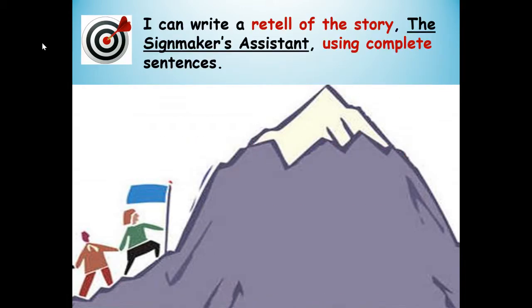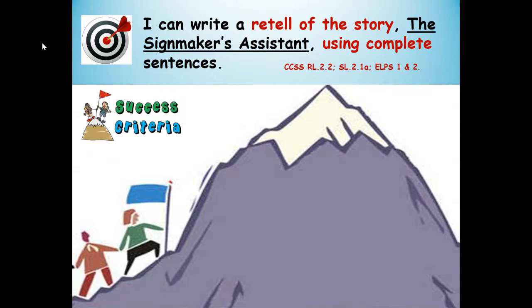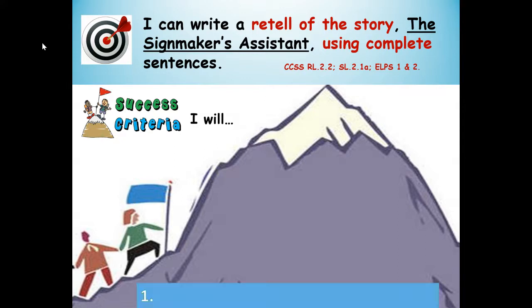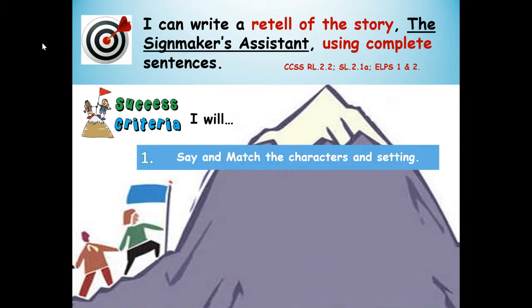So here's our learning target. I can write a retell of the story, The Signmaker's Assistant, using complete sentences. Success criteria. That means how will you know you're successful at writing a retell of the story? Well, here are our steps to success. I will, number one, say and match the characters and setting.